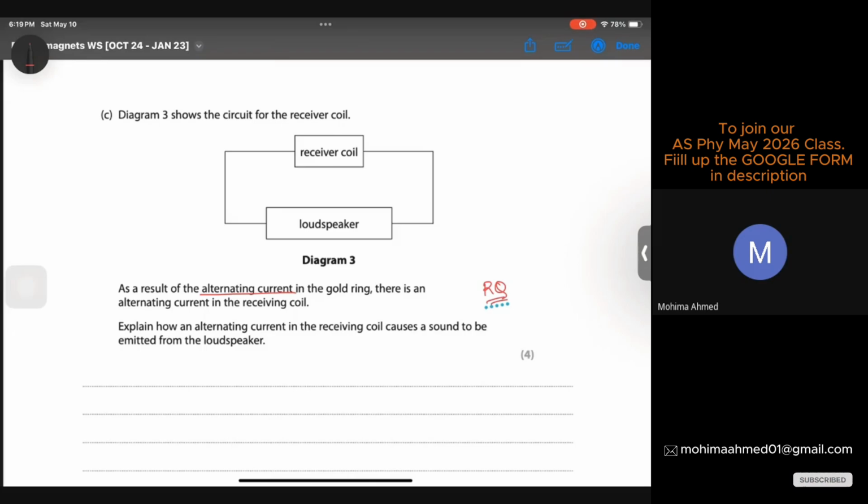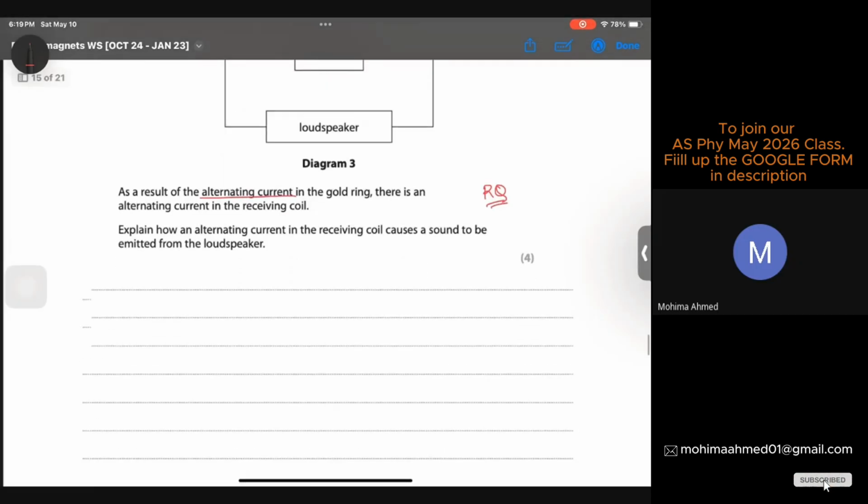We're going to see that alternating current in the loudspeaker creates a changing magnetic field line which interacts in the loudspeaker, causing a force to be produced on the loudspeaker pole. As the field line changes, the direction of the force also changes, creating a vibrating force on the loudspeaker. That vibration causes vibration of the air particles, which creates a longitudinal wave, or sound, basically, right? So we just look at all those things.